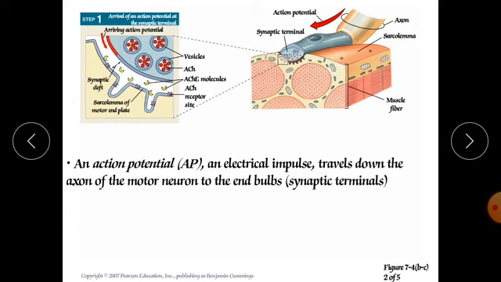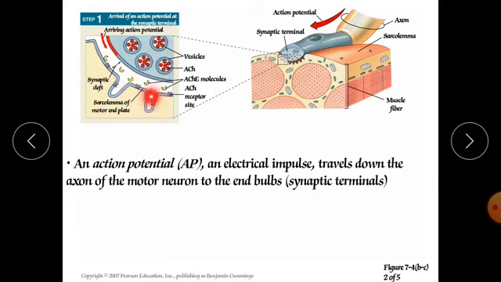So in this fashion, from the axon to the end bulb to the synaptic terminals, the neurotransmitter will be released. They will attach to the muscle fibers, and here are the vesicles containing the acetylcholine. This acetylcholine will be released at the synaptic cleft, and at this cleft you can see the receptors are available.